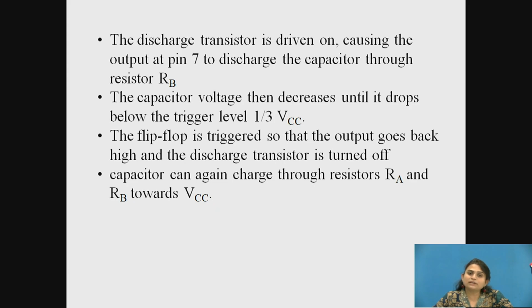The capacitor voltage then decreases until it drops below the triggering level 1/3 VCC, because 1/3 VCC is given to the second comparator. The flip-flop is triggered so that the output goes back high and the discharge transistor is turned off. So, the capacitor can again charge through the resistors RA and RB towards VCC.